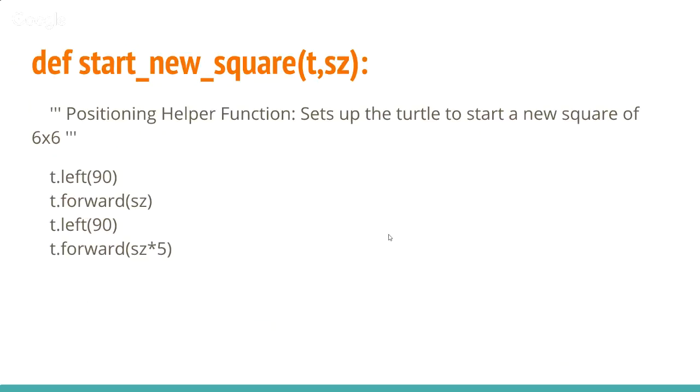So the forward by size times 5. Now, the reason that we start by size times 5 is because the first square on every 6x6 function, if I were to go size times 6, it would start 1 square higher than it needed to be. Then right by 90, and that was it.